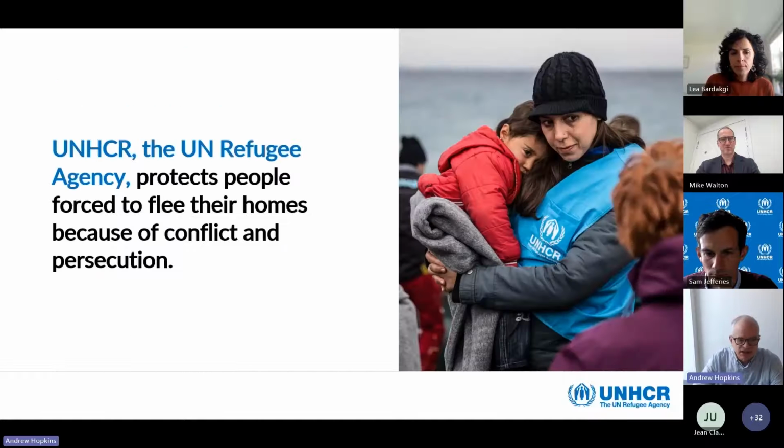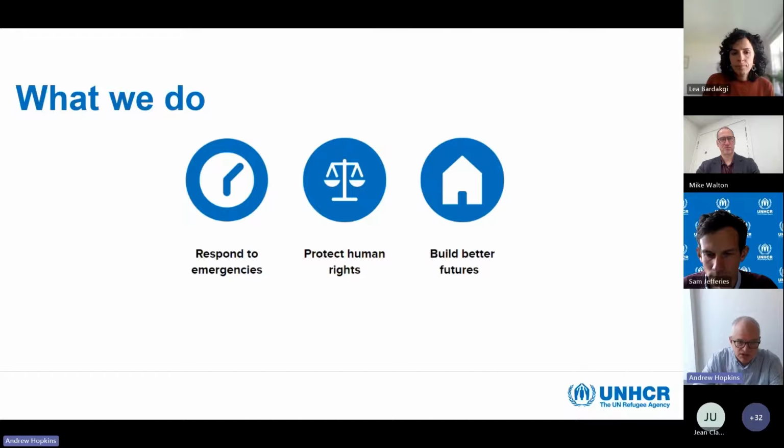UNHCR is a global refugee agency. It's the global agency that helps to protect people forced to flee their homes. We work in more than 150 countries, and we protect millions of people by responding with life-saving support. We respond to emergencies, we protect human rights, and we really work to build better futures.